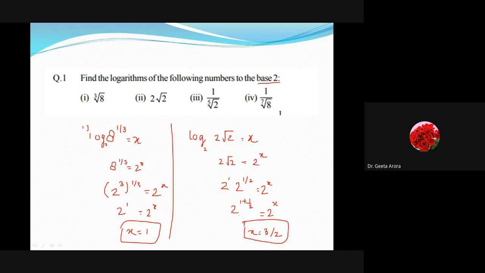Now start with the third part, then I will remove this. Okay, Anthaprit is also getting this. That's good. Start with the third part.